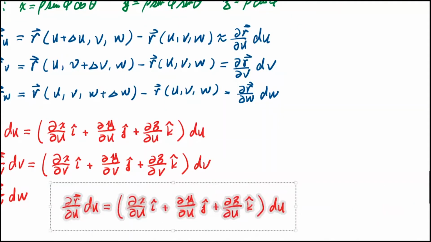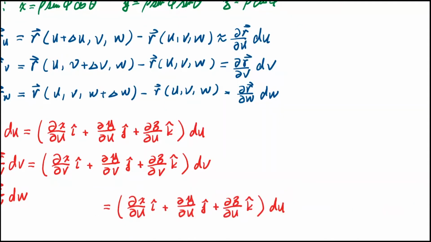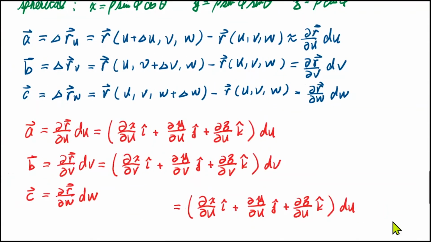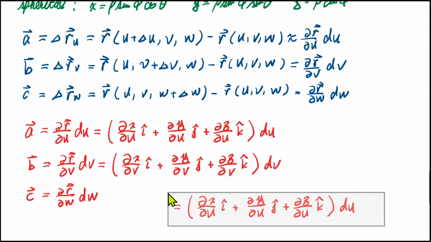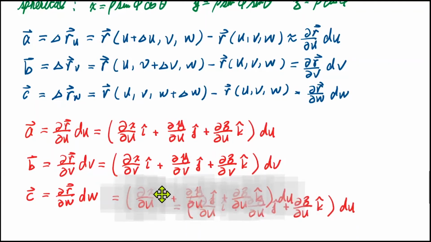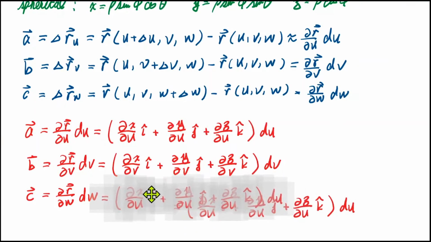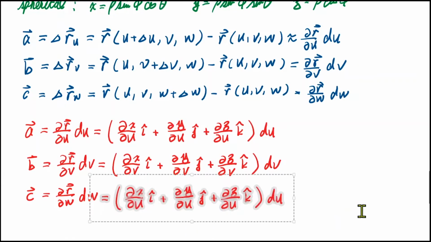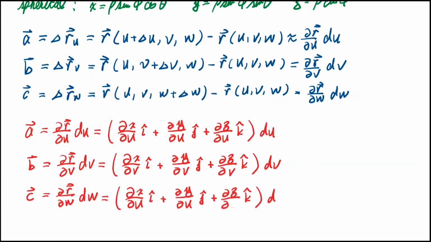Okay, hold on, I'm going to erase this part and then bring it in there. So we do exactly the same thing, except this time this thing is w. You with me?